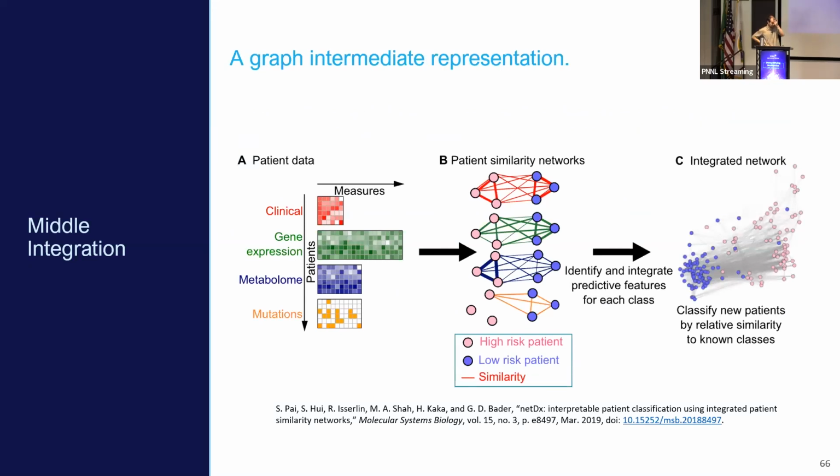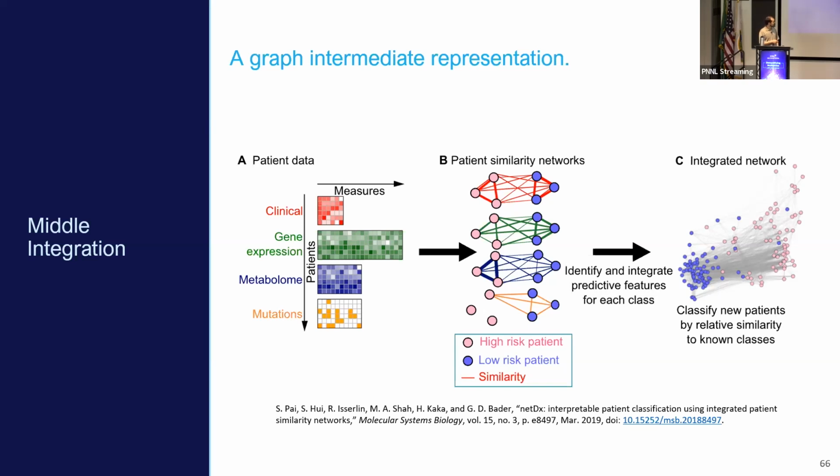Okay, so here's an example. We have an intermediate representation; how do we want to represent it in this middle step? This particular method, called NetDX, uses a graph representation. I showed this before: they have this multi-omics plus clinical data coming in. For each of these features from clinical data, gene expression, metabolomics, mutations, we're going to form graphs, or form connections between patients, using those features.